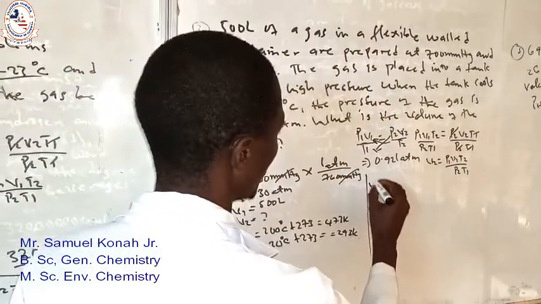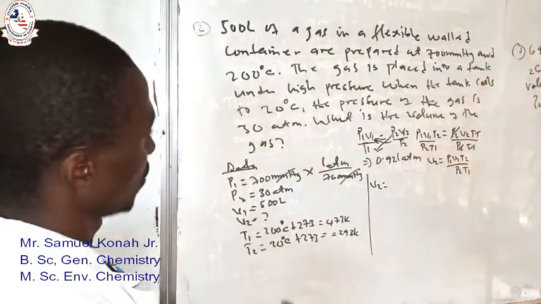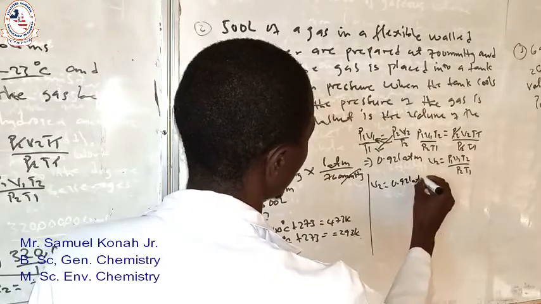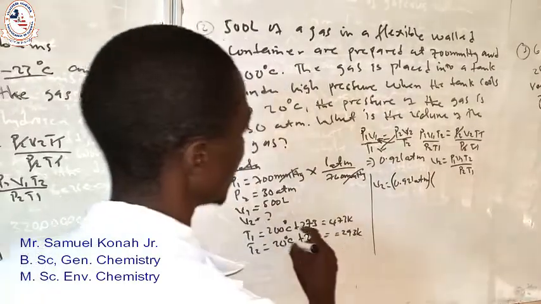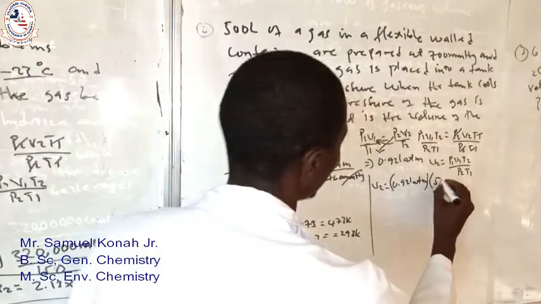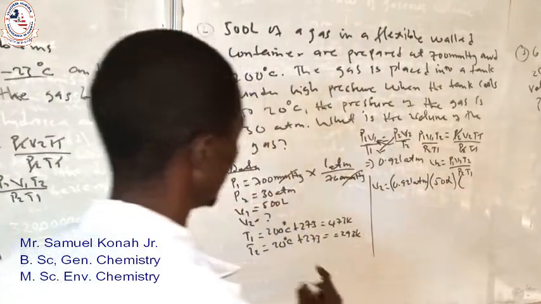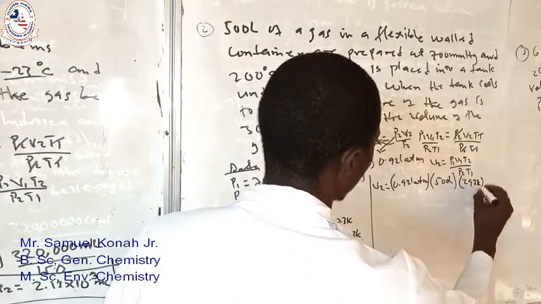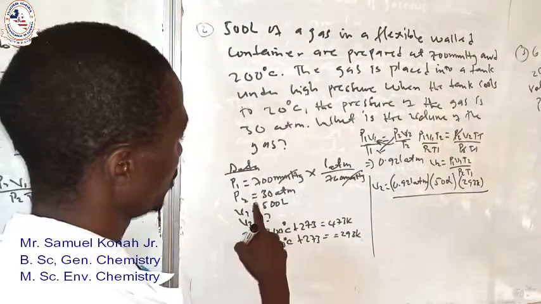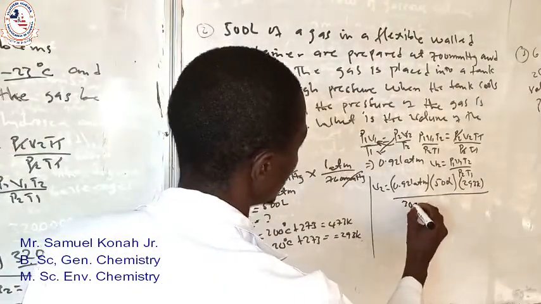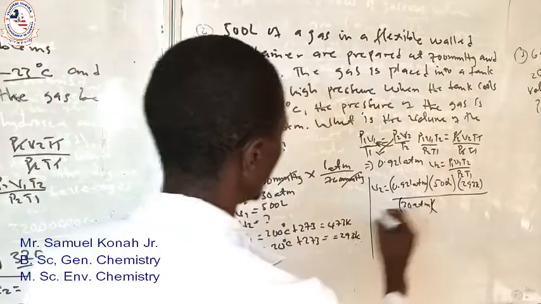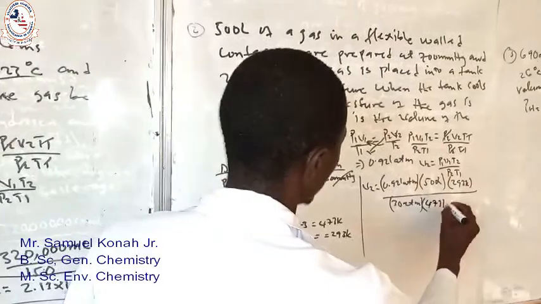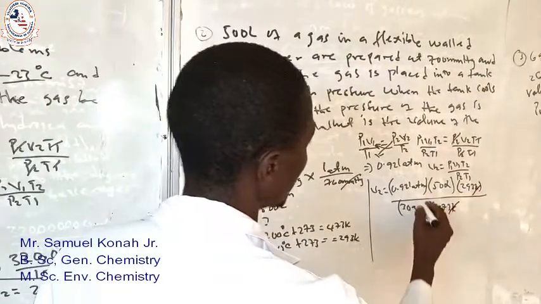If we substitute our values, our P1 is 0.921 atm, our V1 was given to be 500 liter, and our T2 is 293 Kelvin, divided by our P2, which is 30 atm, and our T1, which is 473 Kelvin. So Kelvin cancels Kelvin, and atm cancels atm.